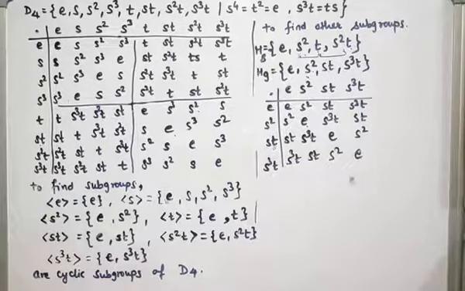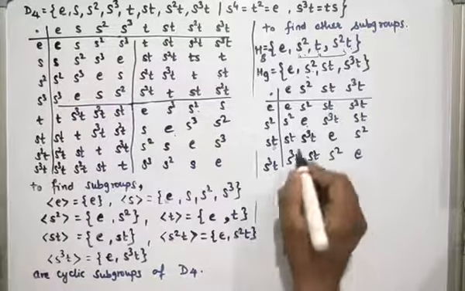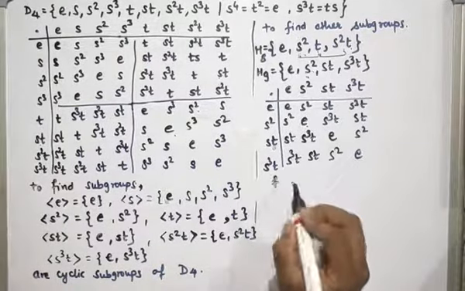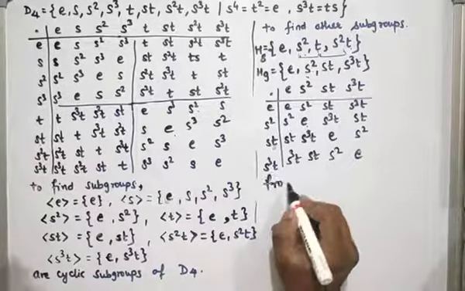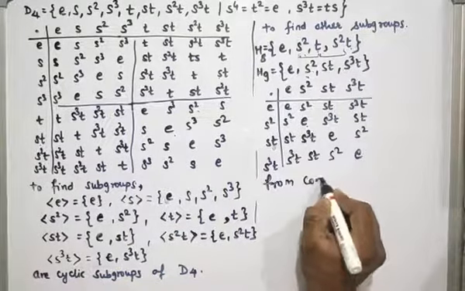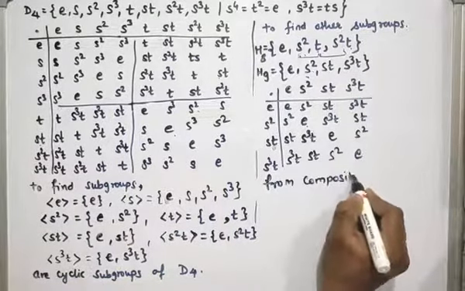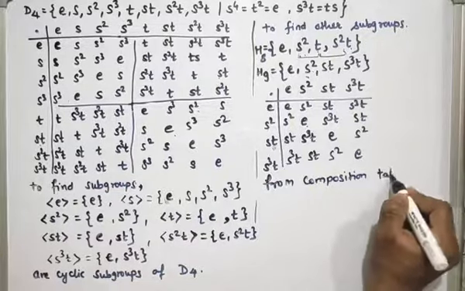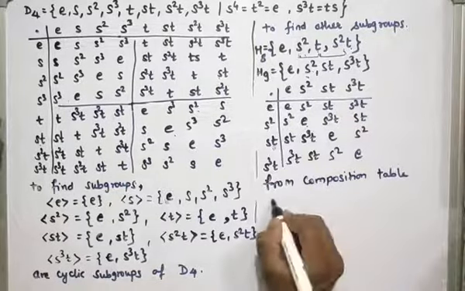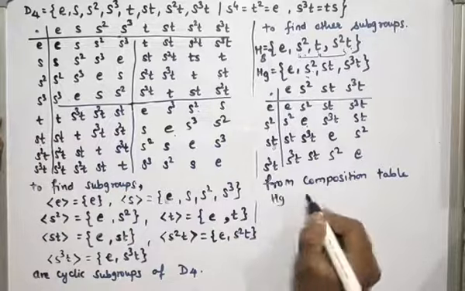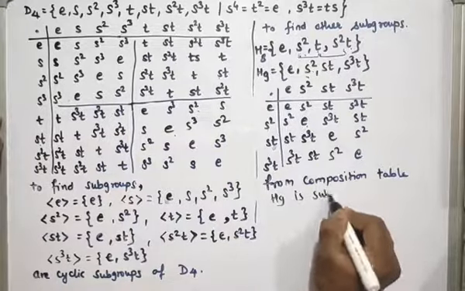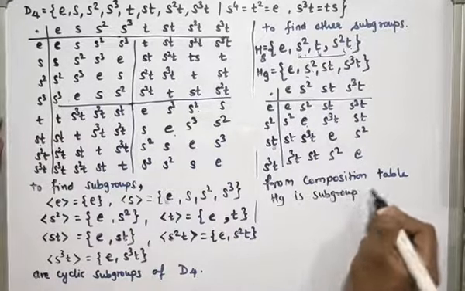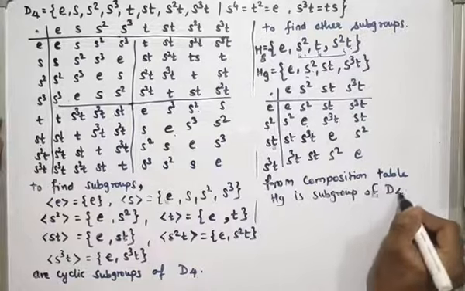Now let us find the subgroup diagram. From the composition table, H9 is a subgroup of D4.